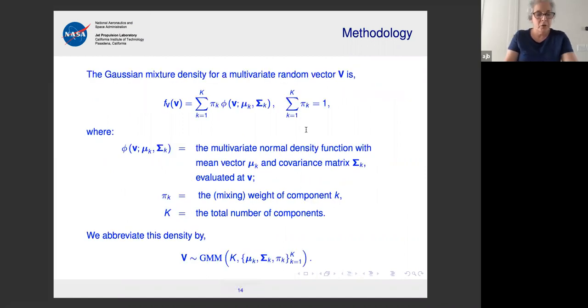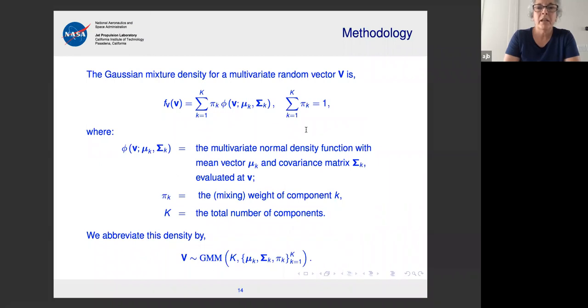If you're not familiar with the Gaussian mixture density, it's a fairly simple thing. A random variable that follows a Gaussian mixture is a random variable like V here, which isn't a draw from a single Gaussian. It is first a draw from a distribution that has specified probabilities adding up to 1 that puts a probability on each of the mixture components themselves.